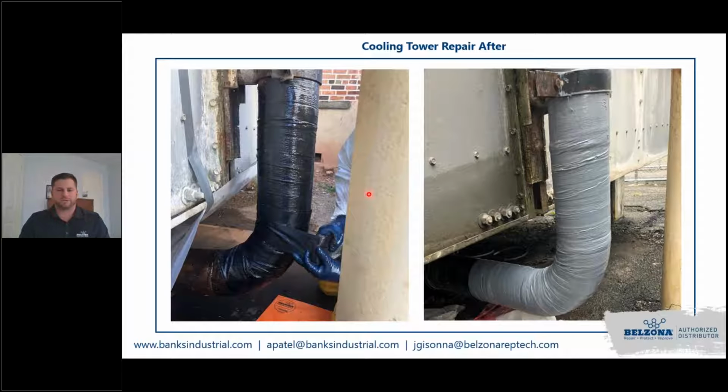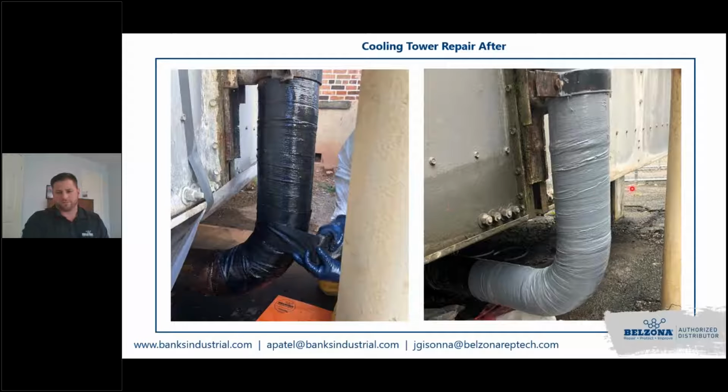And once those areas and leaks were plugged and the metal was rebuilt, we were able to install on the elbow right here a Belzona Super Wrap 2 composite repair system to wrap and protect the corrosion under insulation and have continued corrosion protection and rebuild some of the structure.